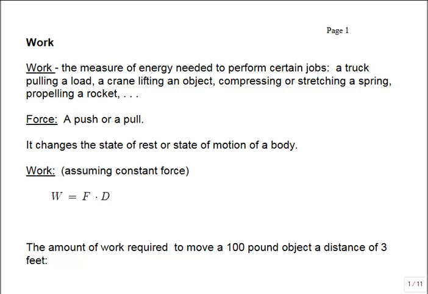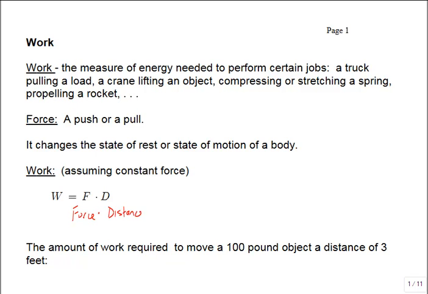Now, if you have a constant force acting on an object, then the work that is created is force times distance. So this F here is our force, which we're going to assume is constant, times our distance.